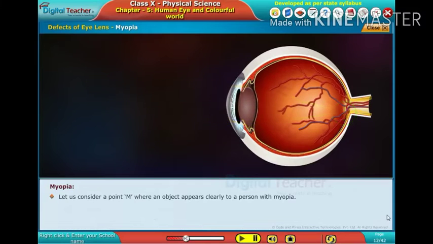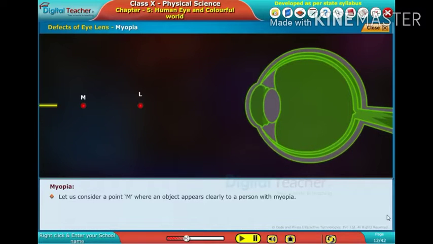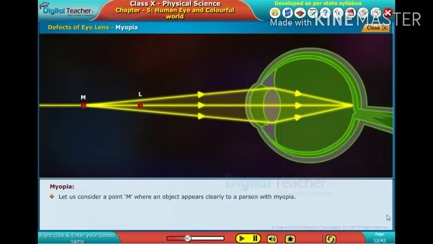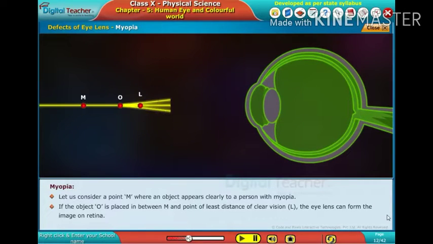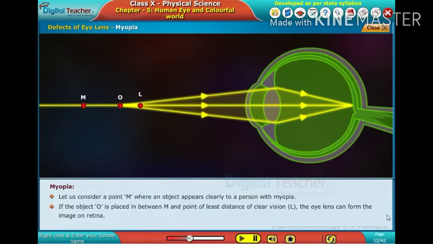Let us consider a point M, where an object appears clearly to a person with myopia. If the object O is placed between M and the point of least distance of clear vision L, the eye lens can form the image on the retina. This point M is called the far point.